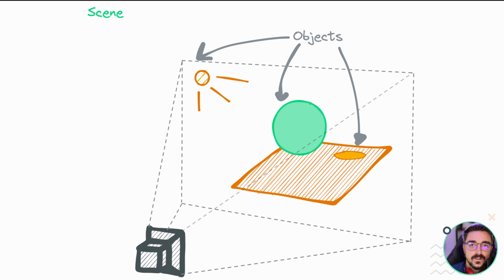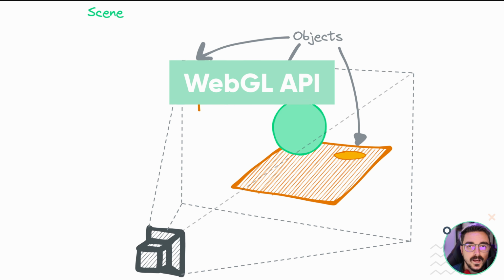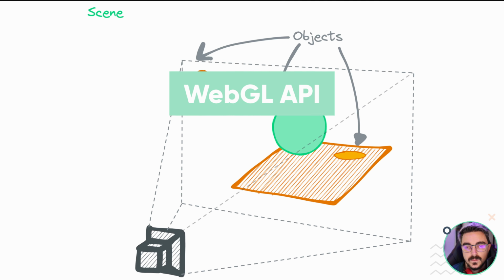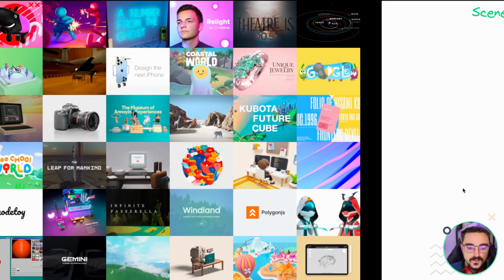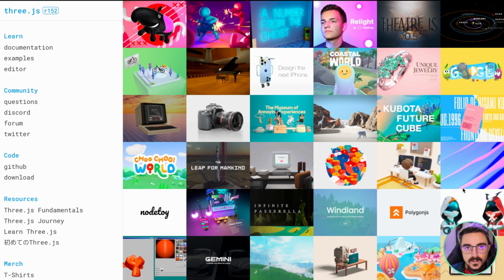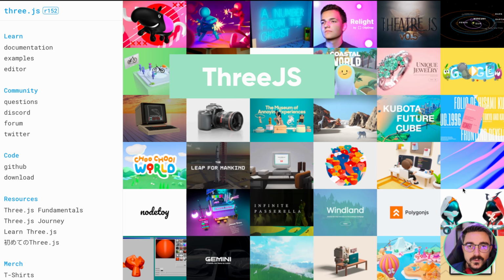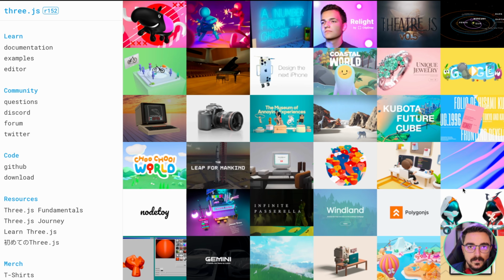To be able to render this in the browser, we need an API called WebGL. So WebGL is really low level and it's quite difficult to work only with that. So that's why the ThreeJS library exists. ThreeJS is a JavaScript library that does exactly that, make our life easier when dealing with WebGL.